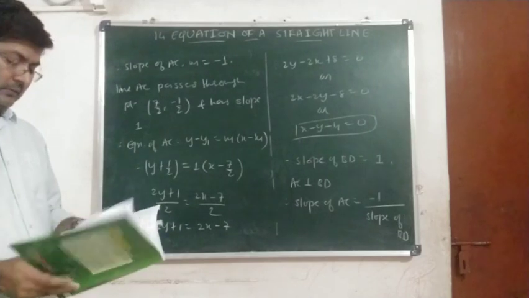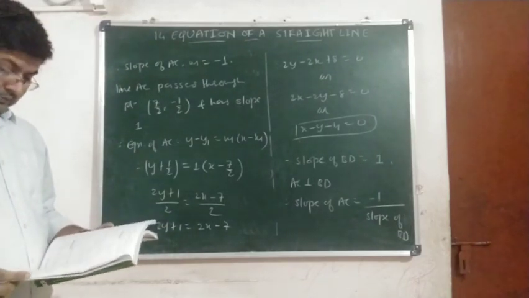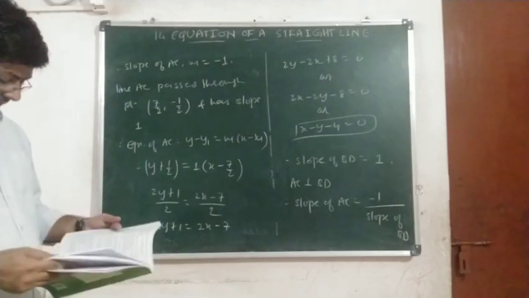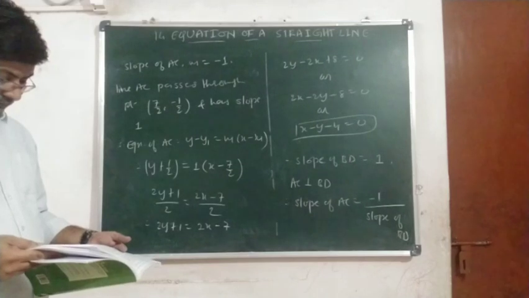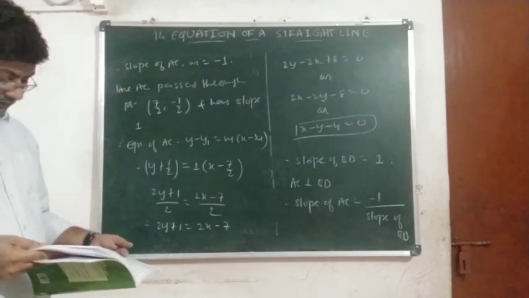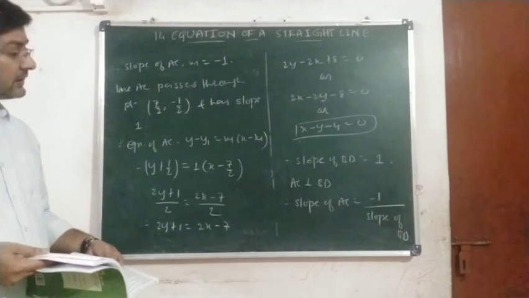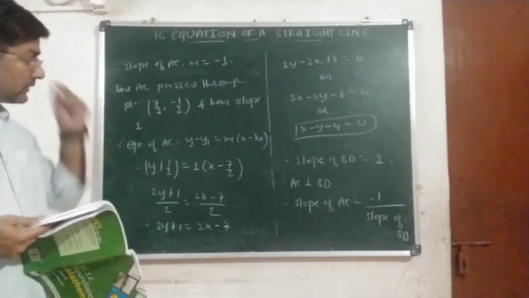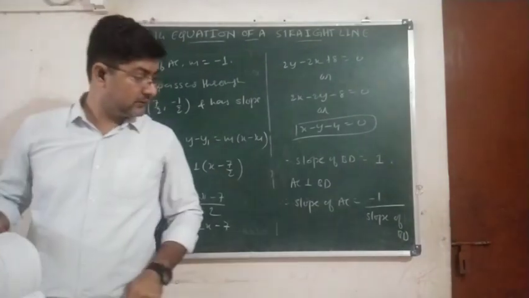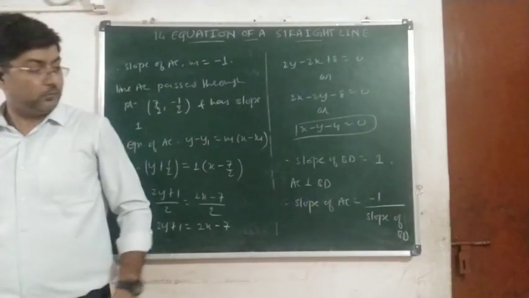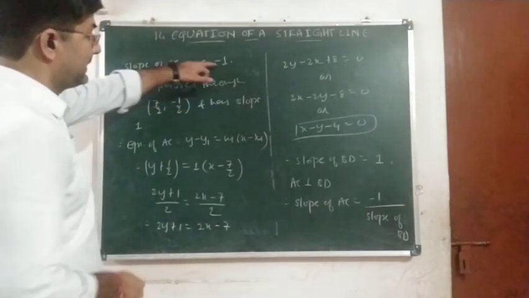Here, question 24 we are solving. Okay, what is the mistake? The mistake is that the slope of BD is 1, so the slope of AC will be minus 1.